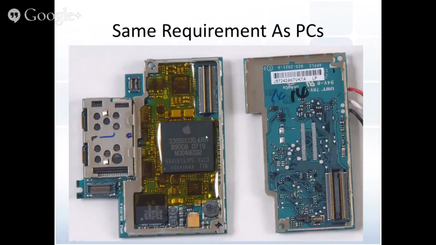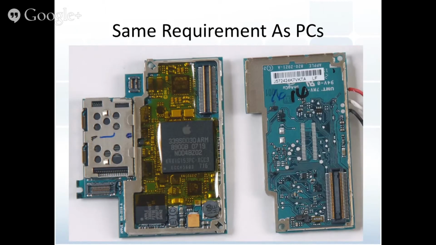So the requirements of the post PCs are the same as the PCs. This is the image of the iPhone, where we break the iPhone into parts. We have the motherboard, with the CPU in the middle of the motherboard. We can see a big chip.